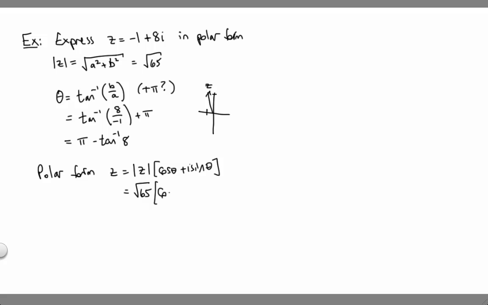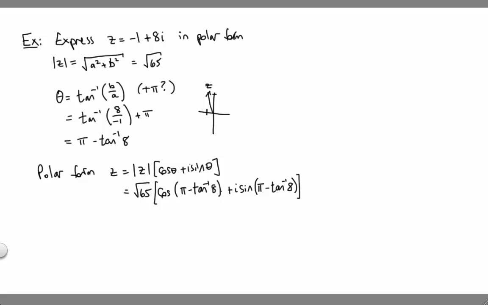So we need to write something like cos of pi minus arctan of 8 plus i sine of that same angle and then close our square brackets. So just filling in this angle again, pi minus arctan of 8. So there we go, that's our polar form.